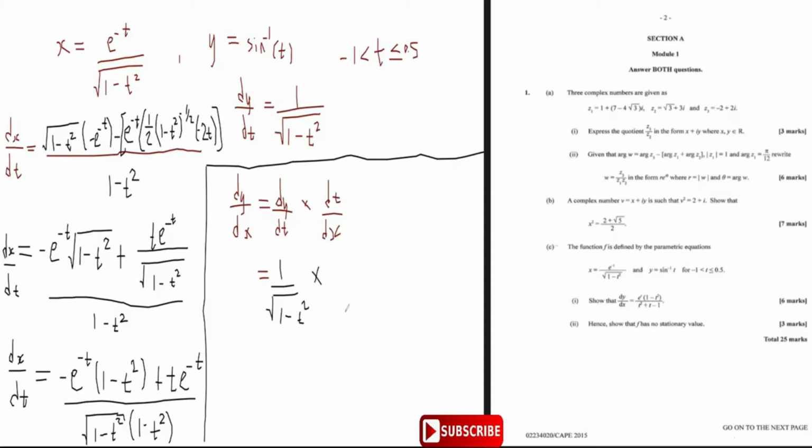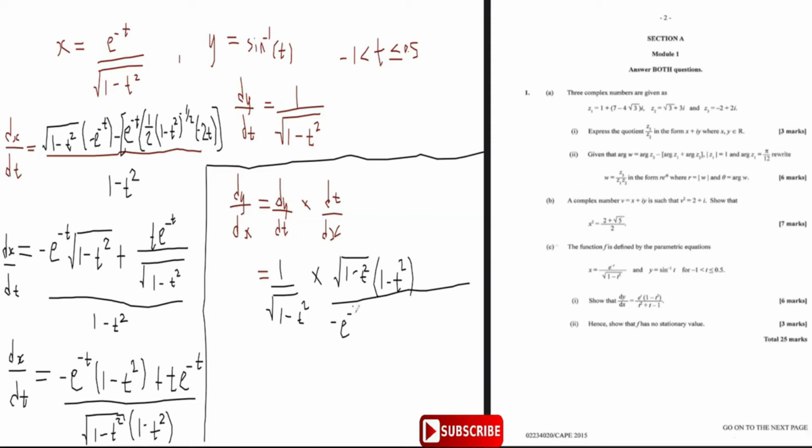Now dt dx is going to be the square root of 1 minus t squared multiplied by 1 minus t squared. And all of this is divided by this part now in the numerator. So it's now minus e to the minus t.